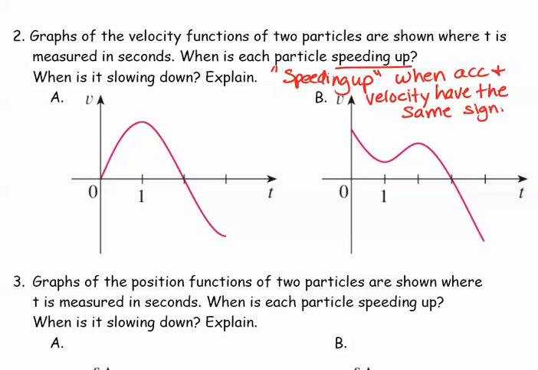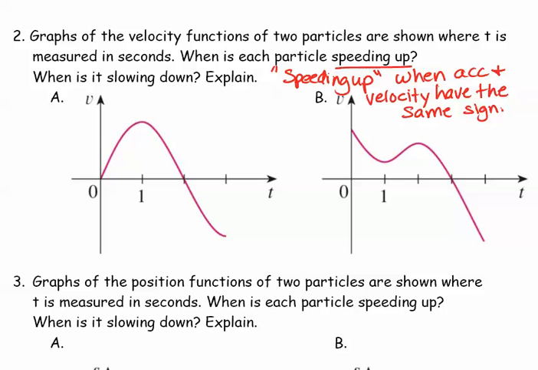So the analogy I've used for that in class previously when we've done these problems, if you were running down the hallway, if I gave you a shove on your back, you would move faster in the same direction you were going. So I would be accelerating you. I would be speeding you up because I pushed you in the same direction that you were going. Think what would happen if you were running towards room 109. I stepped out and I put my hand up against your chest.